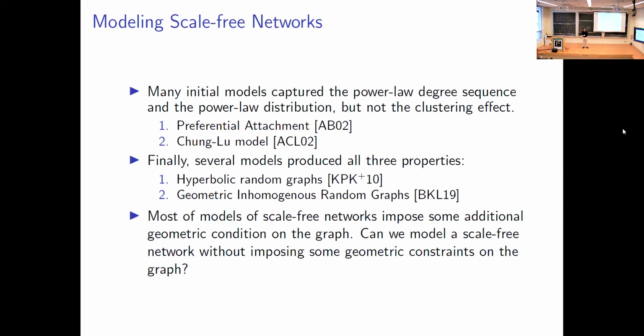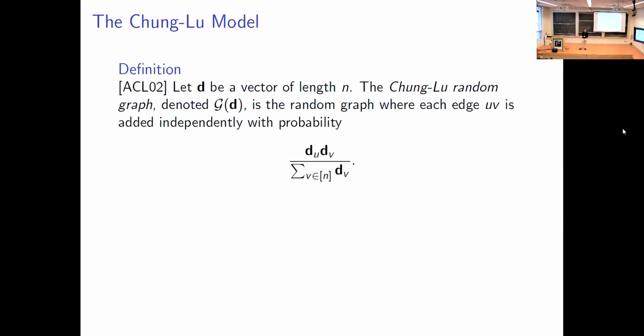Okay. So let me go back to one of these models, which definitely won't do this, but it's a good place to start. So I'll start with the Chung-Lu model. So, notation that I'll be using pretty much throughout the talk. For one, I will be thinking of everything asymptotically. This bold d up here will be a vector of length n, and will always be thought of as going to infinity.